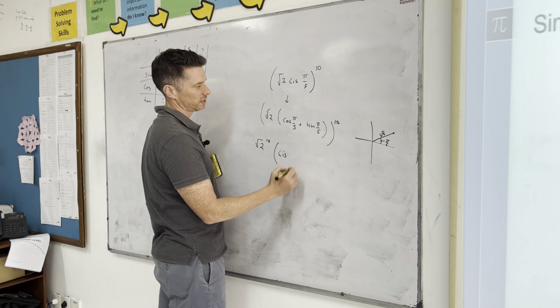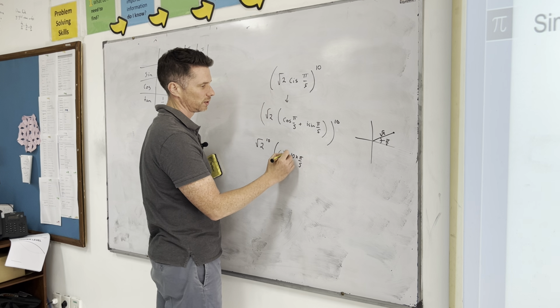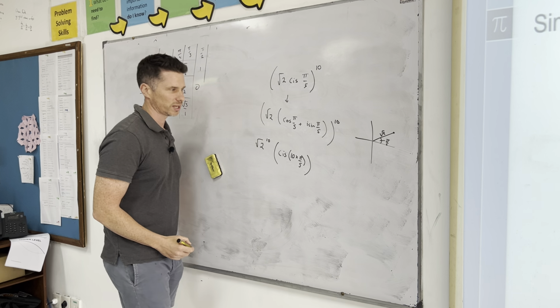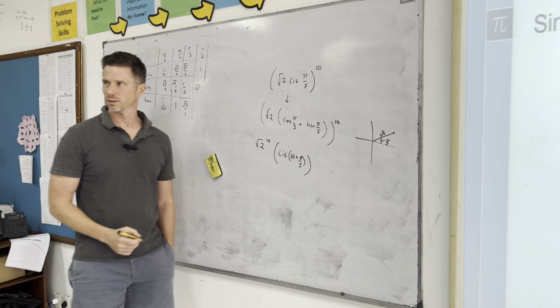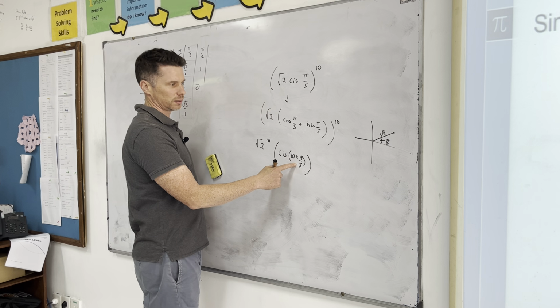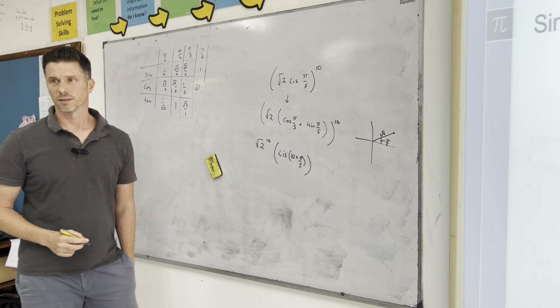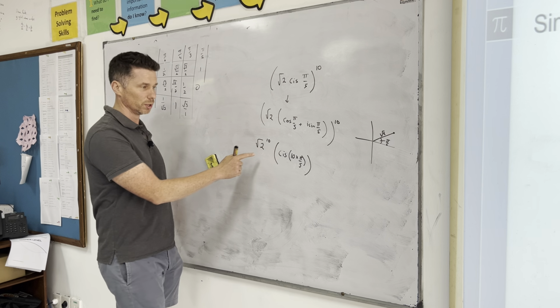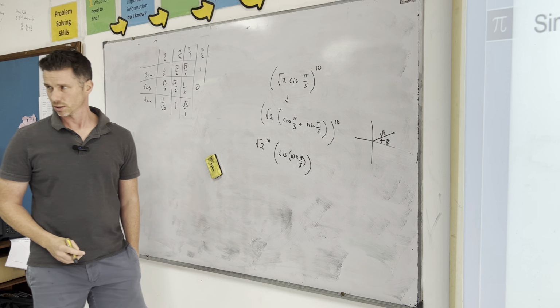So I'll go back to cis, and it's going to be 10 times pi over 5 instead of writing it out. So we've repeatedly added the argument 10 times, and we've repeatedly multiplied the modulus 10 times. Repeated multiplication is a power, repeated addition is a multiplication.